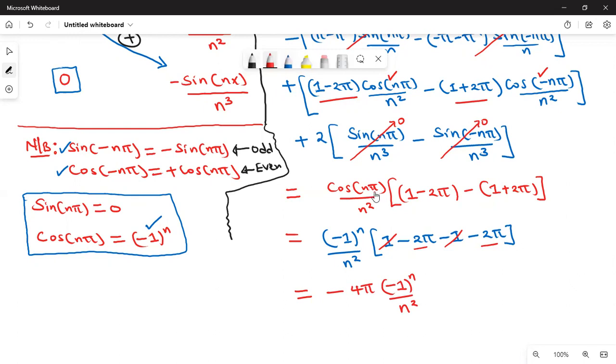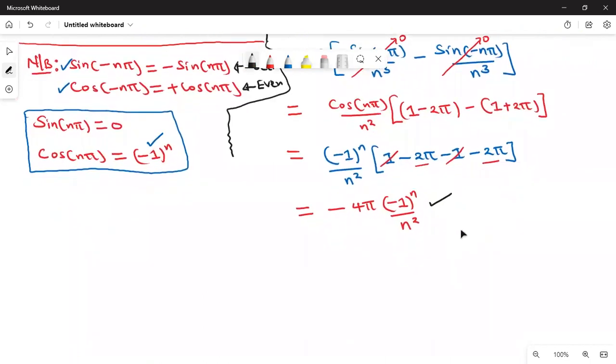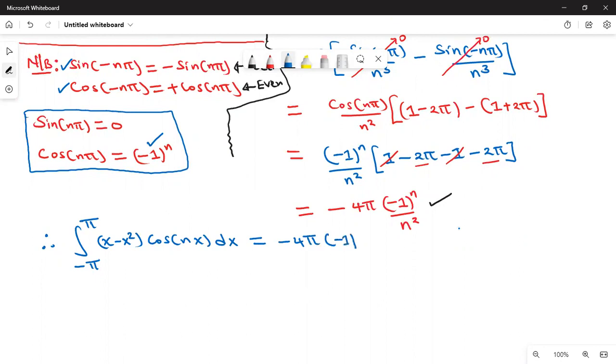Therefore, that integral, the integral from negative pi to pi of x minus x squared times cosine of nx dx, should give us negative 4 pi, negative 1 raised to n, divided by n squared.